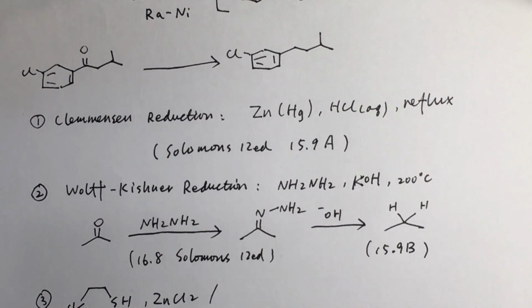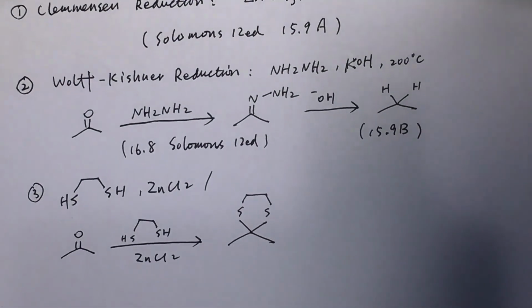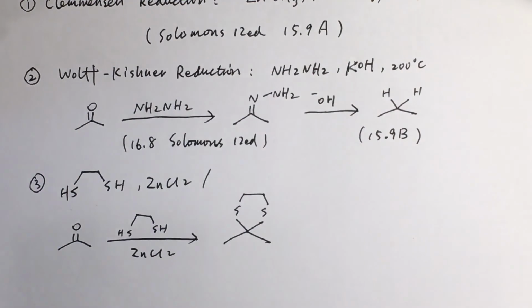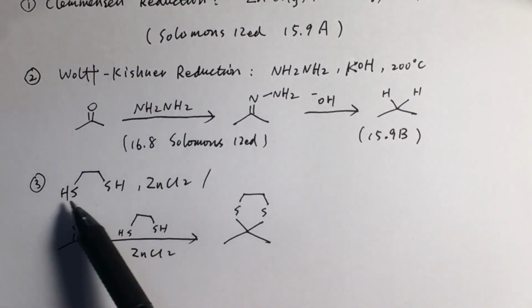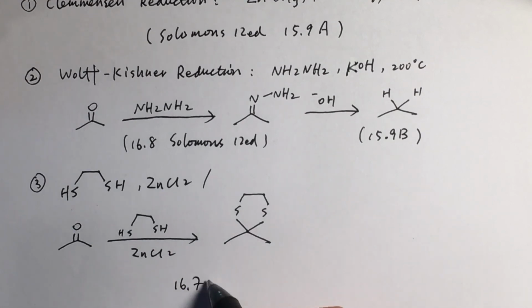Let me move the page up so you can see better. It is similar to generating an acetal group, but now we're generating a thioacetal. Refresh yourself about the mechanism. This information is in section 16.7d in Solomons. As I mentioned, the reduction reactions are all over the book.